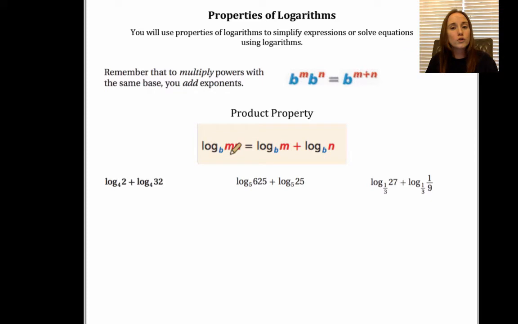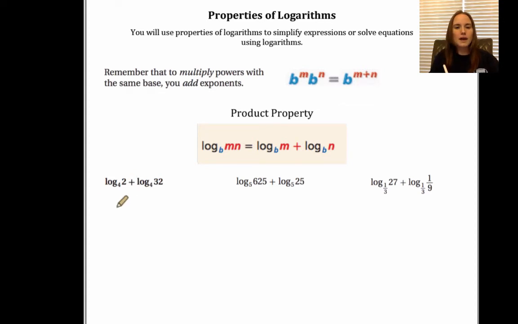Or you could go the opposite direction and say, well, if I have a number here, I could break it apart if I maybe had some factors for it. So I could break it apart and say log base b of m plus log base b of n. So let's just start here.